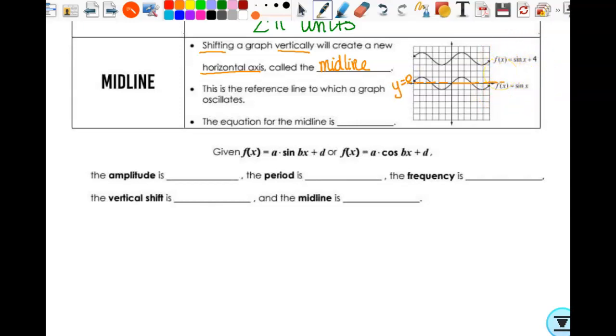It got shifted up 4 units. So this is my new horizontal axis, and that is at y equals 4. It's a reference line in which the graph oscillates. Okay, a word you may have had in physics already, but oscillating means it's going back and forth. The equation for the midline is y equals d, and it is an equation because it is a line.